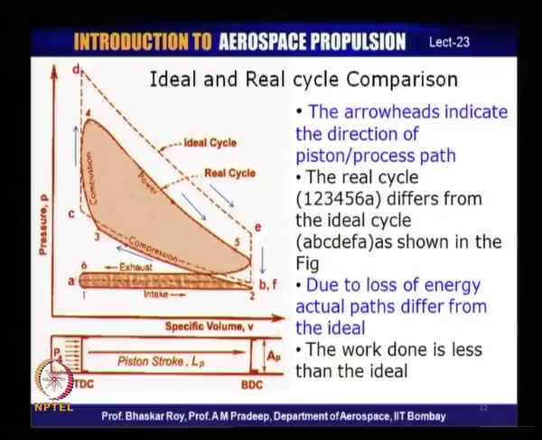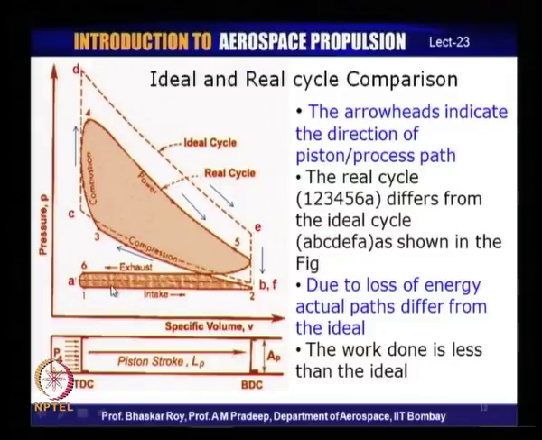So, we are going to have processes which are mostly irreversible, which means they undergo a certain amount of loss. This loss is in the form of loss of energy, and as a result the net work that is available out of the system is going to be much less than what is conceived in the ideal cycle.